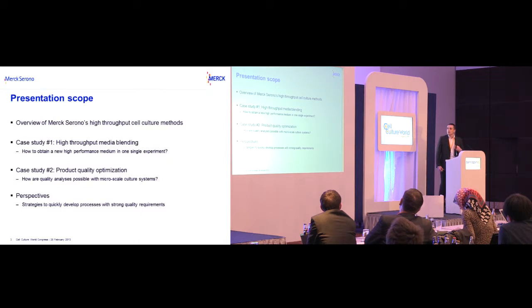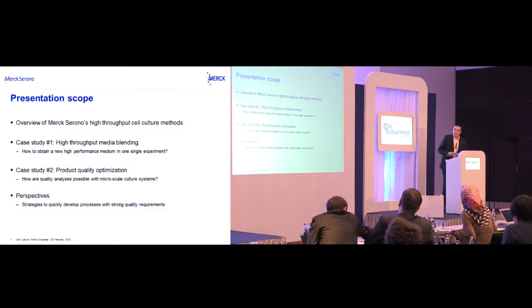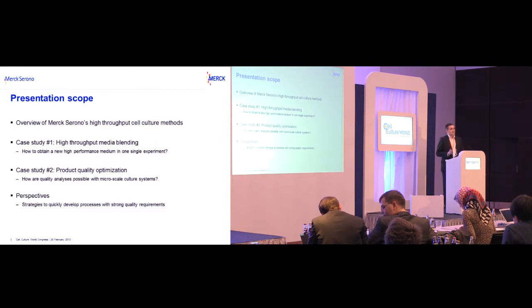The first one is about high throughput media blending. It is work we have done last year, and that will be published very soon in MABS. In the second case study, I will be more touching on product quality optimization that we can also maybe handle with high throughput cell culture systems.